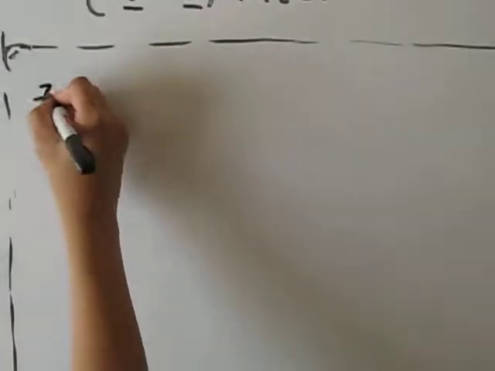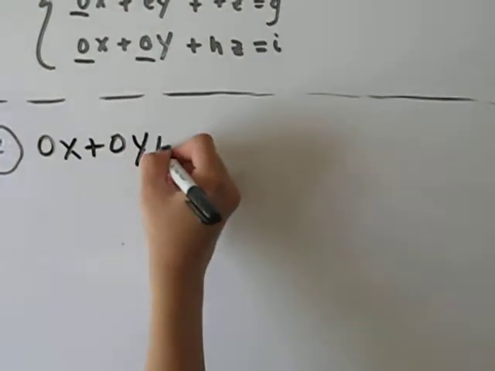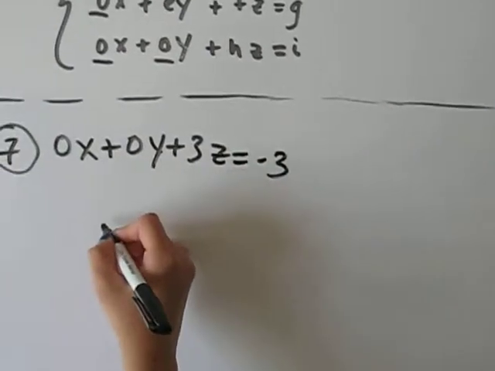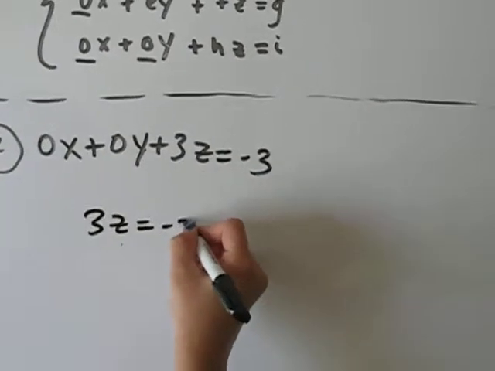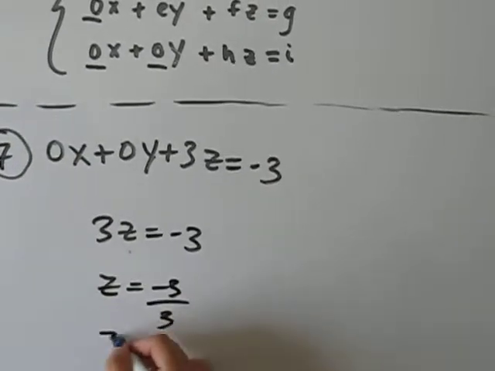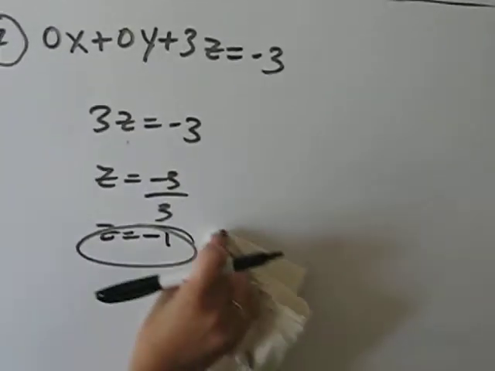So starting with equation number 7, you have 0x plus 0y plus 3z equals -3, which is just 3z equals -3, z equals -3 divided by 3, which is just -1.